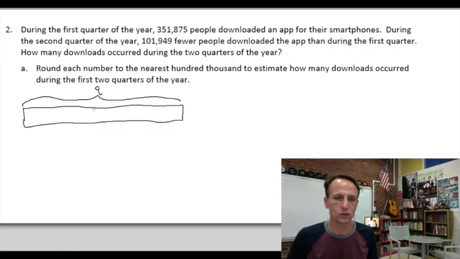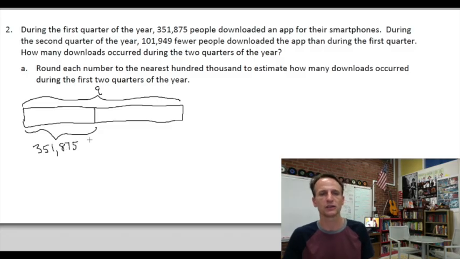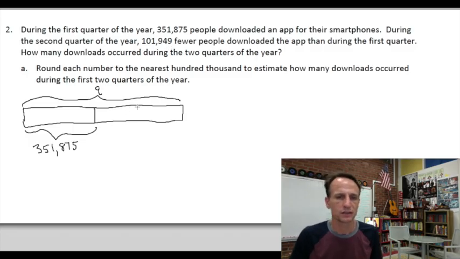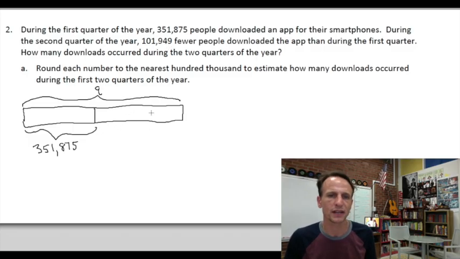Now we do know the first quarter is 351,875. Now on this second quarter, we know it's 101,949 fewer.